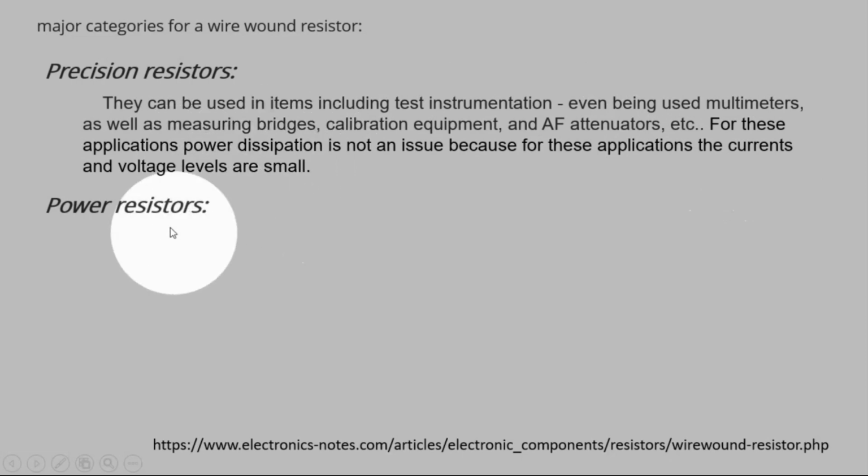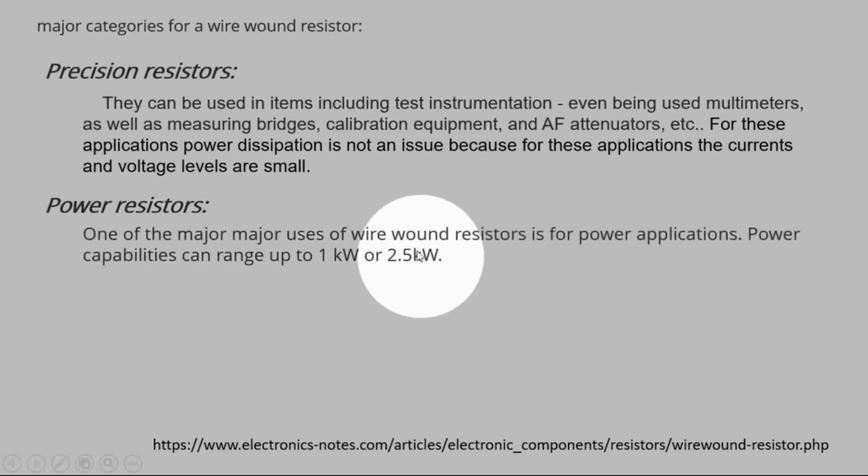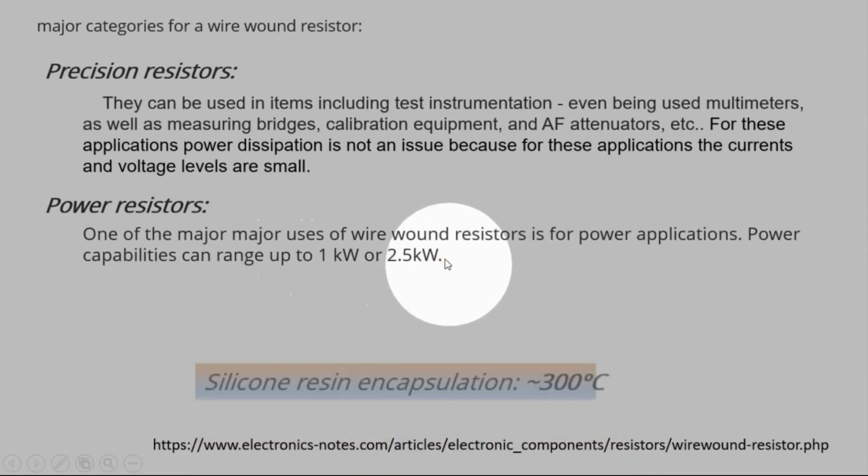Now for the power resistors, this is where power dissipation is required. You can have Wirewound resistors for a range of up to 1 kilowatt to 2.5 kilowatts.